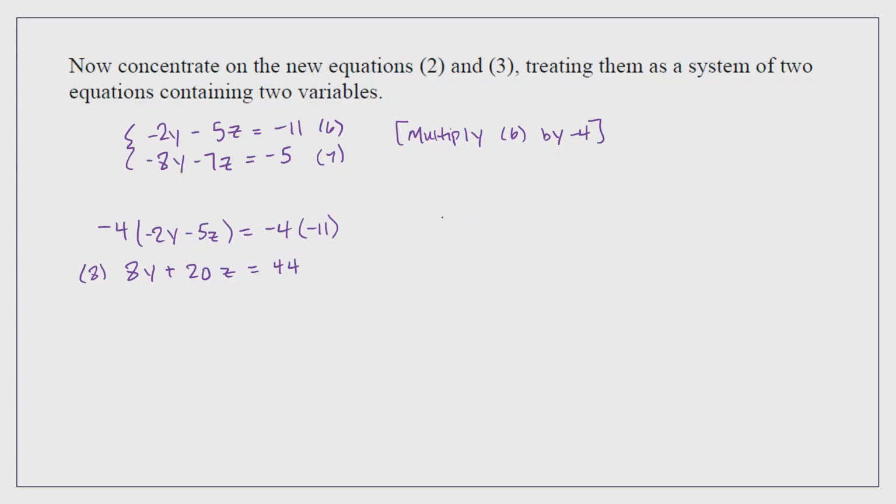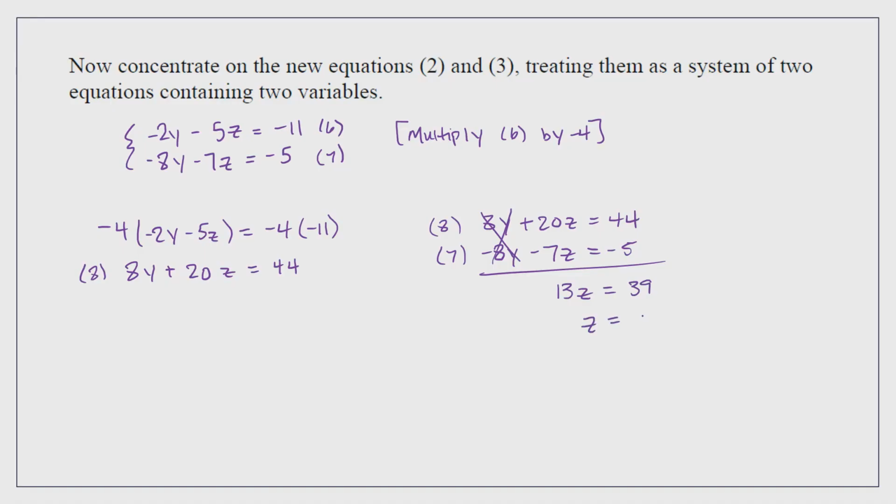So I'm going to take equation 8 and equation 7 and add them together. Negative 8y minus 7z equals negative 5. So my 8y and my negative 8y cancel, which leaves me with 13z equals 39. So then z equals 3.